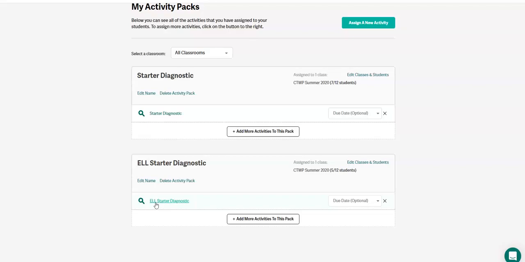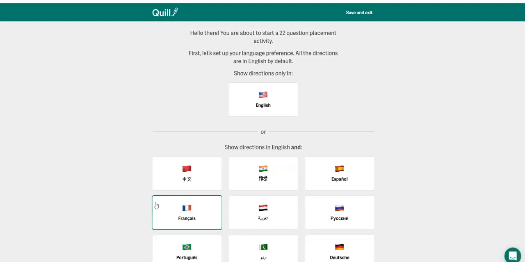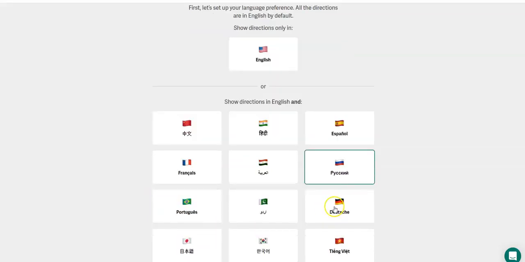But it's good practice. Okay, let's look at the ELL diagnostic, and I want to show you how it is different. With the ELL diagnostic, the main thing is that, number one, it's going to start with some more basic skills, but you're also going to see that the student has the option of receiving the instructions either just in English or in English and another language.